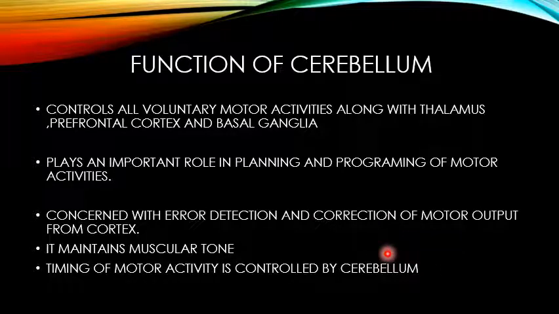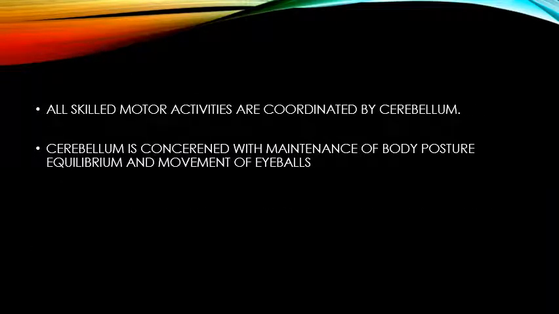But think, even when we get up from a chair, so many movements, muscle tones and coordinations have to be done. Otherwise, even before we get up, we may lose our balance. So the cerebellum plays an important role in coordination of all these things.